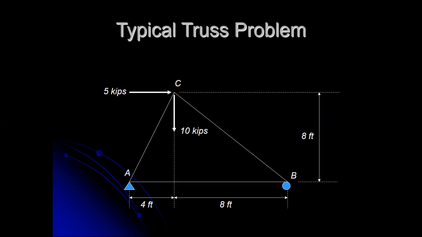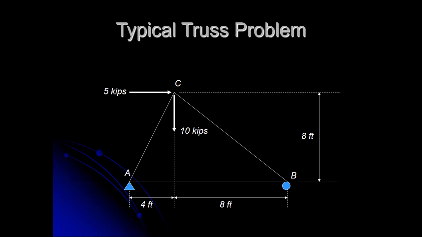We've got a 3-member truss with 3 joints to it. The joints are what are labeled A, B, and C. We have a 5-kip force to the right. We're dealing with a vertical force of 10 kips.